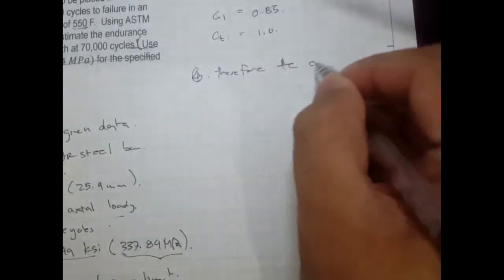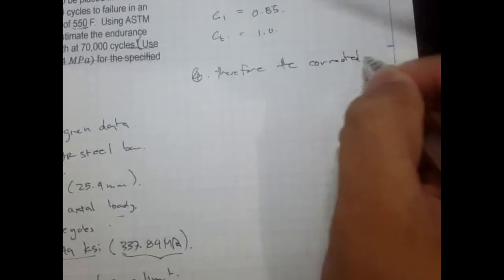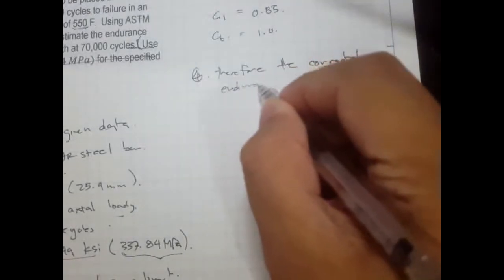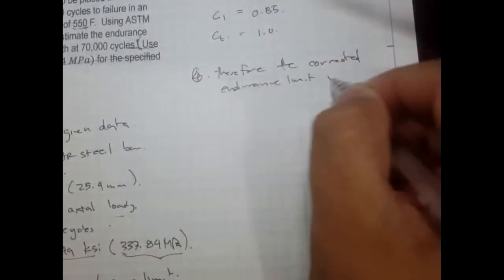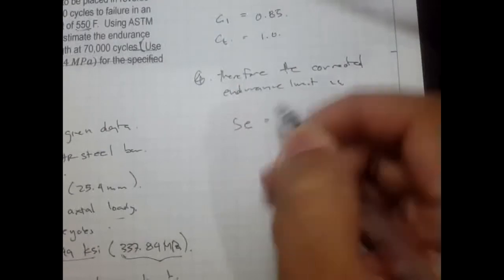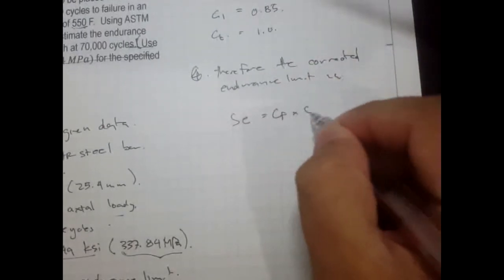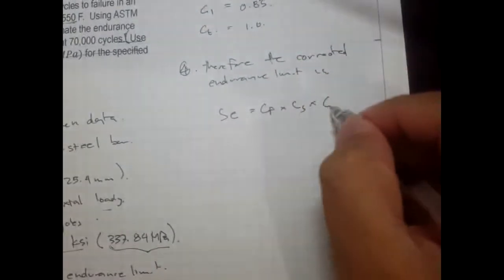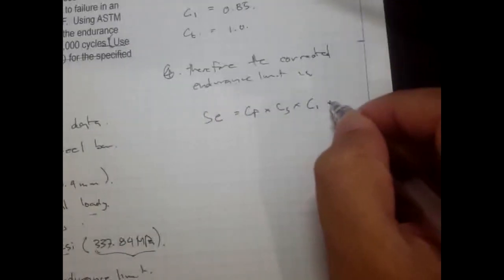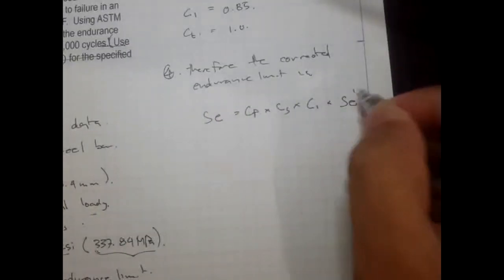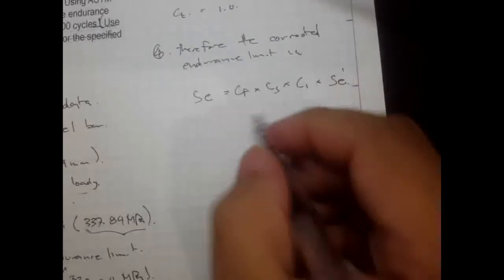And therefore the corrected endurance limit is Se is equal to CF times the size factor times the loading factor times this endurance limit right here.